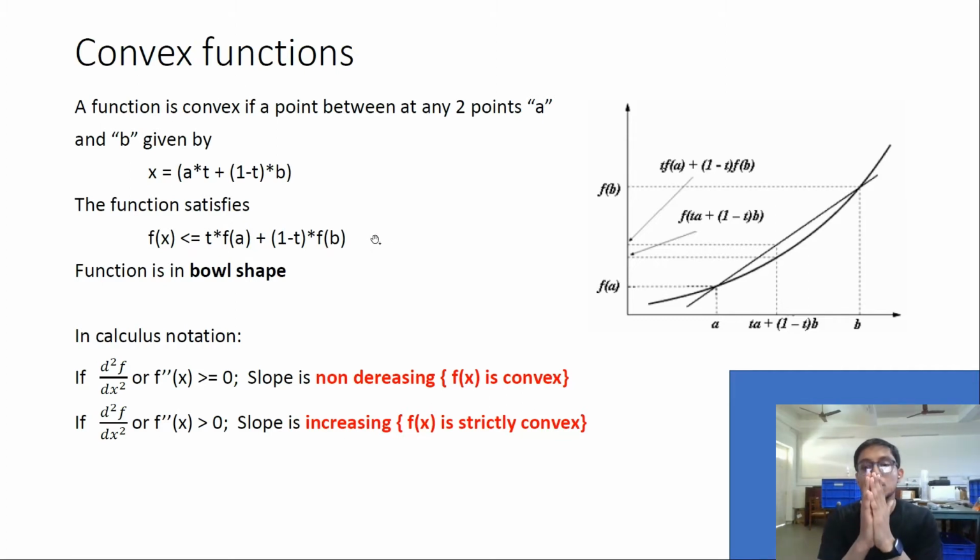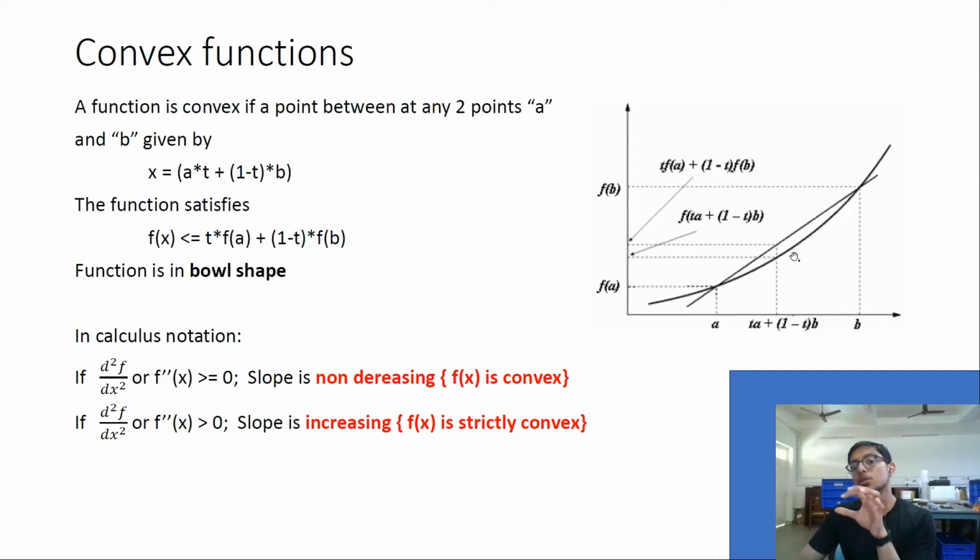So basically it's a dome, right? If you do a linear interpolation, let's take t equal to 0.5, then you will get a point which is just in the middle of A and B. And when you go up, this will be where you have the value of the function, f of (A plus B)/2.